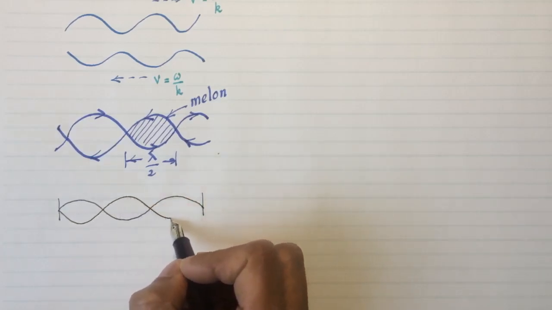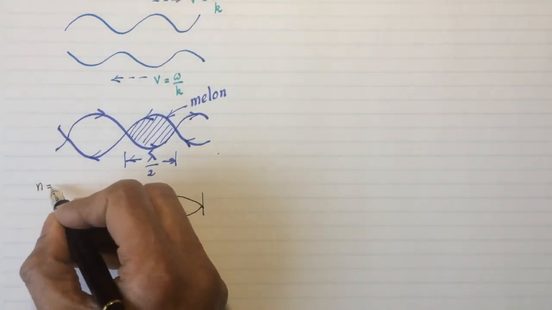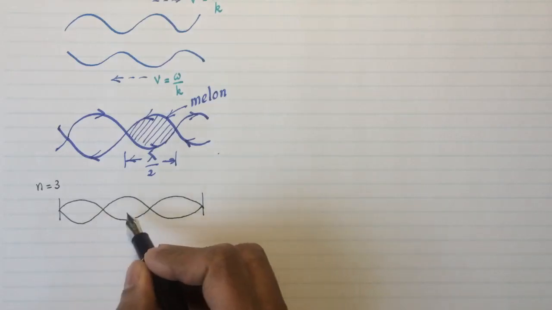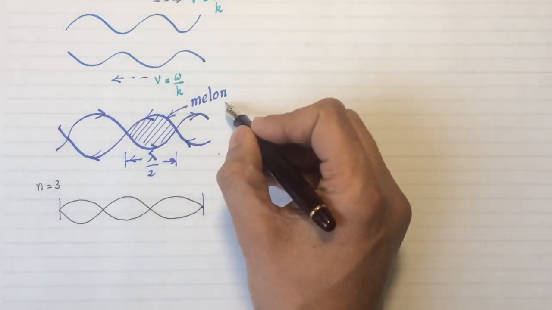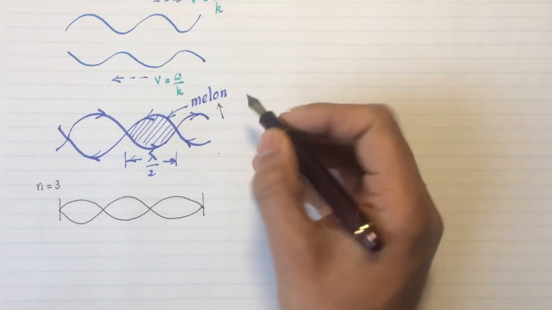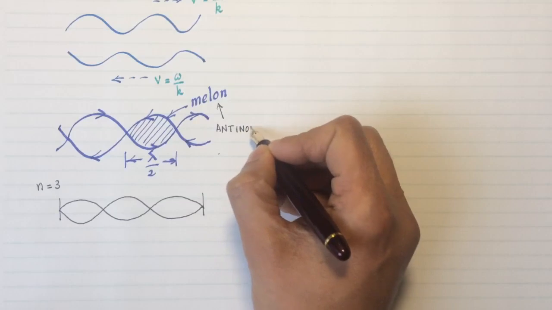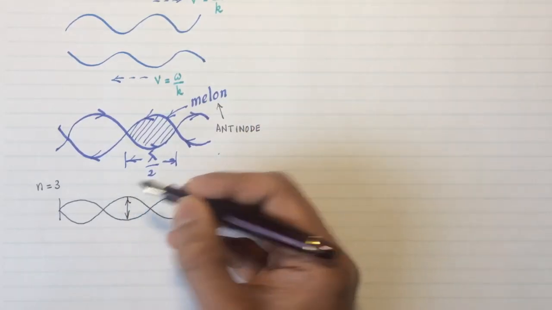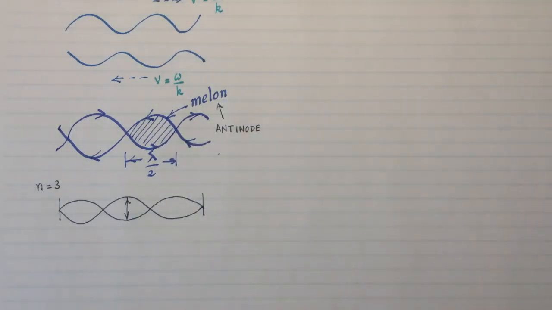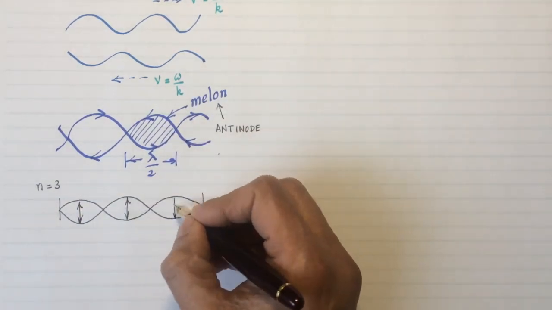When I say n equals 3, I'm counting the number of melons. So there are 3 of these things. The technical name for a melon is an antinode. Physicists don't really call it a melon, they call it an antinode. More precisely, the antinode is the maximum distance in one of those melons. So if there are 3 of these antinodes, then I'll call that n equals 3.